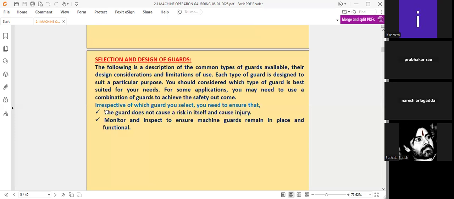Property damage is there. The guard does not cause a risk in itself. It can handle any type of chemical, in such a way you have to select and design the guard and see that it is fit for your need.